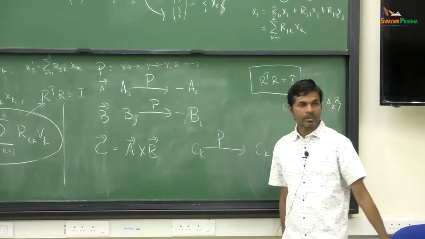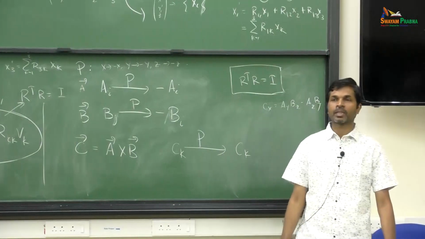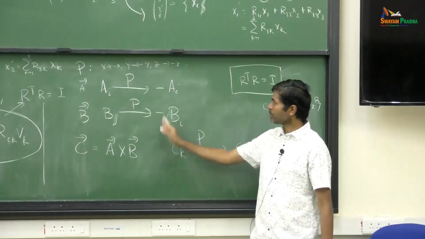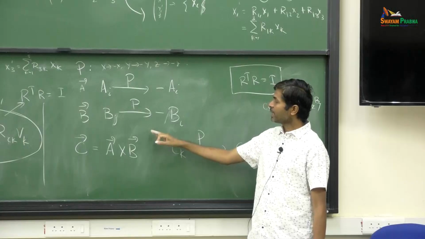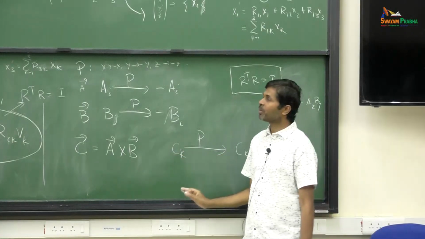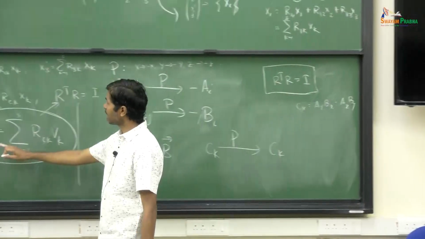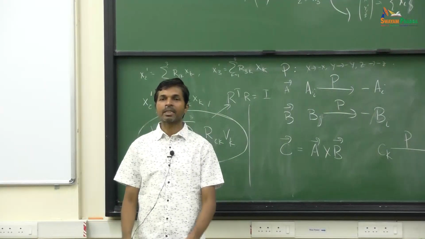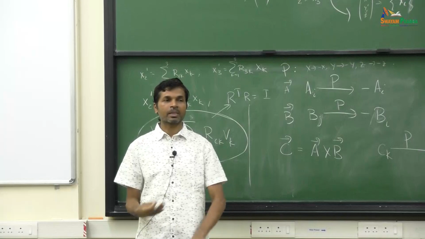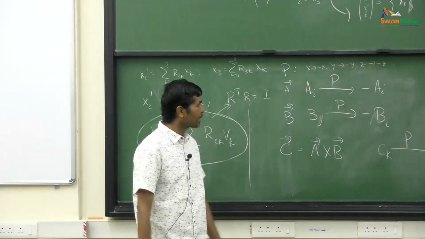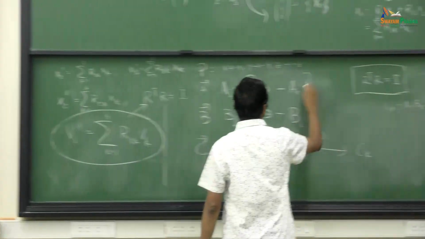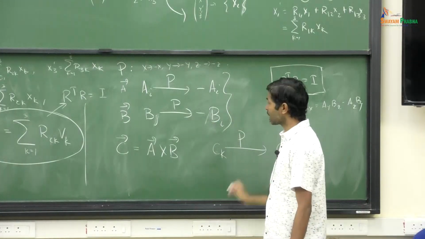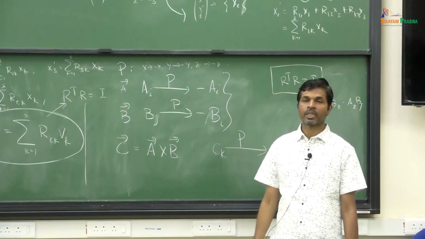Very good. So these are called pseudo vectors. By introducing this kind of notion, I can distinguish vectors among themselves, and I call these the regular vectors or polar vectors, and these are called pseudo vectors or axial vectors.